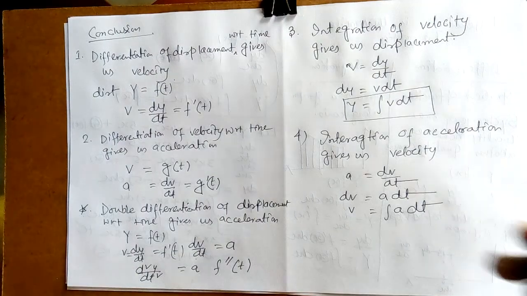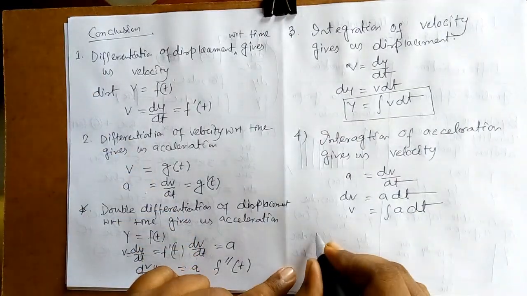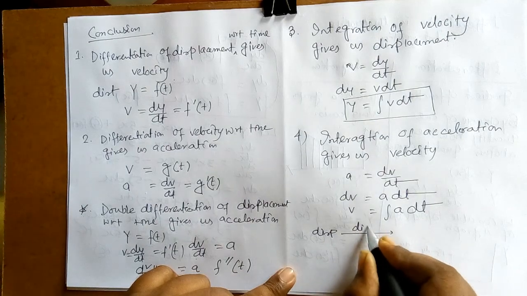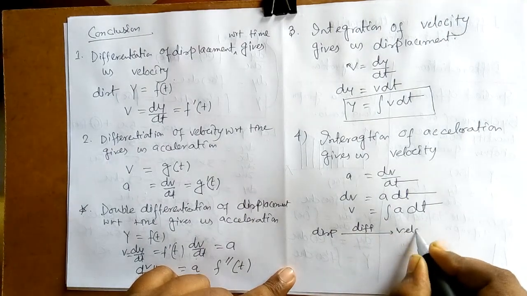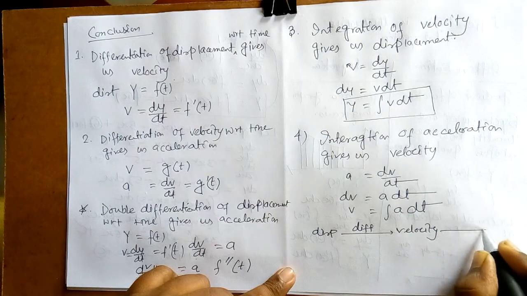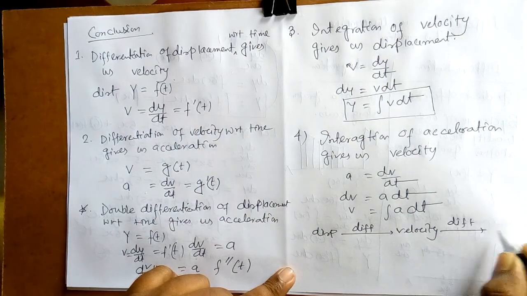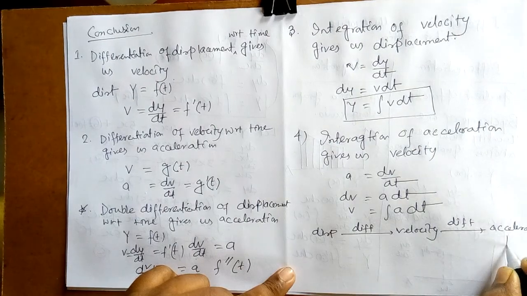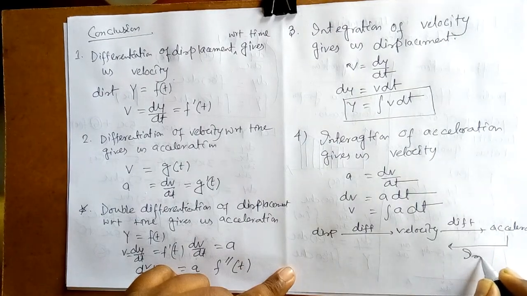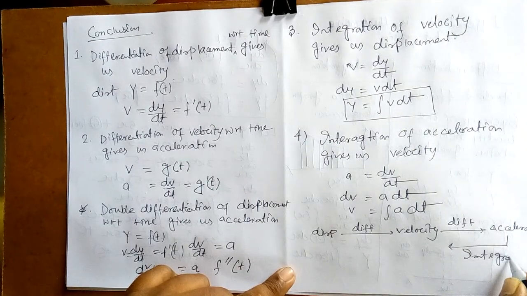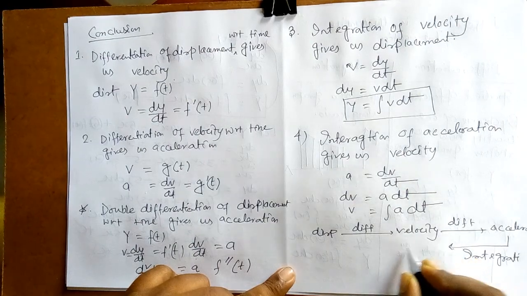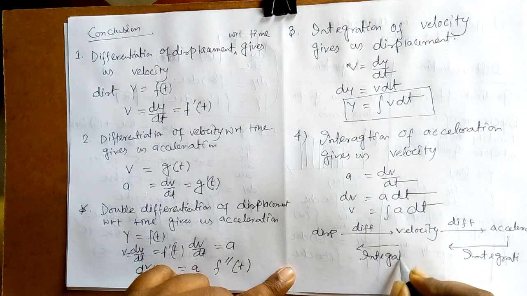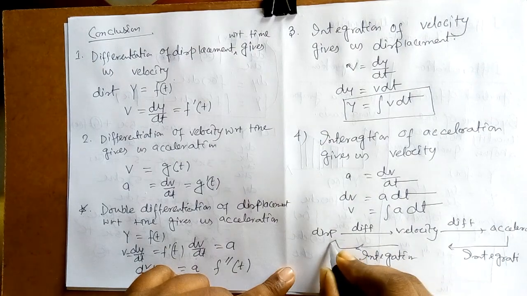Okay, so a very common thing: if it is displacement, differentiate it, you will get velocity, differentiate it again, you will get acceleration. And in the reverse way, integrate it, you will get velocity, and then again integrate it, you will get displacement.